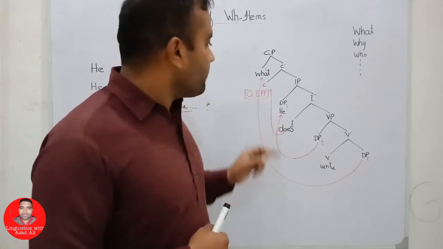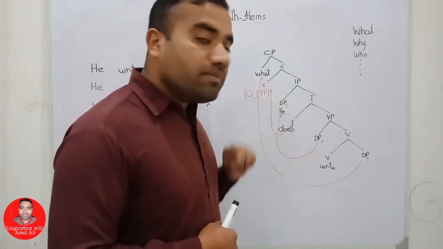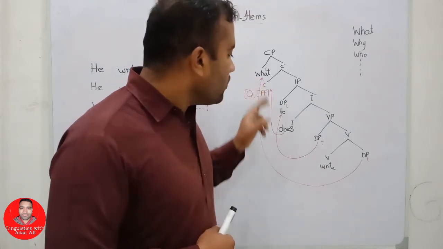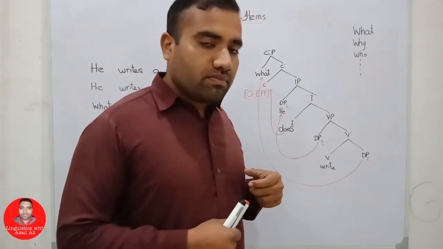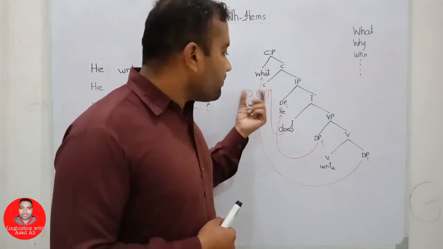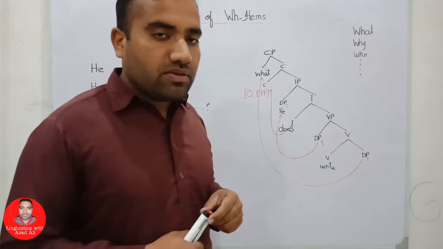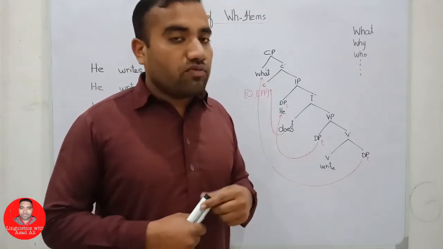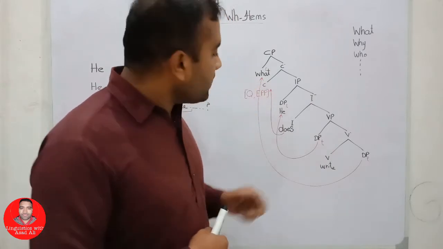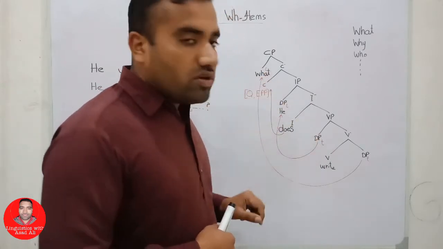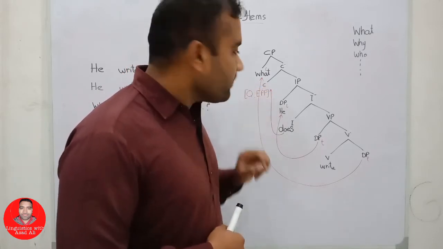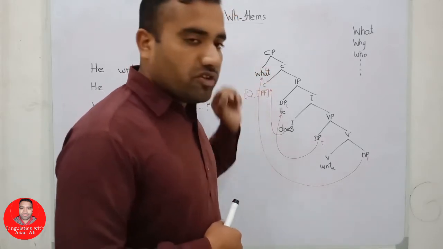What is the force? And it has the head property, and at this position we don't have any head. In the previous video I told you that at this place we may have if, and we may have for, but in this derivation we don't have any head. This is the head position and this is the specifier position.